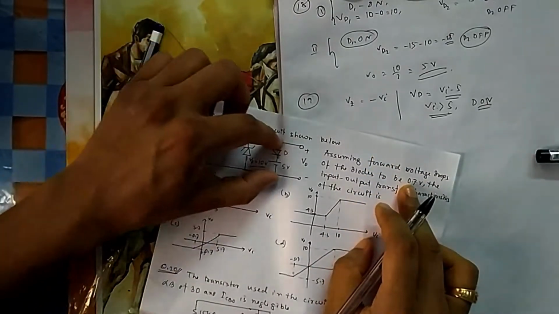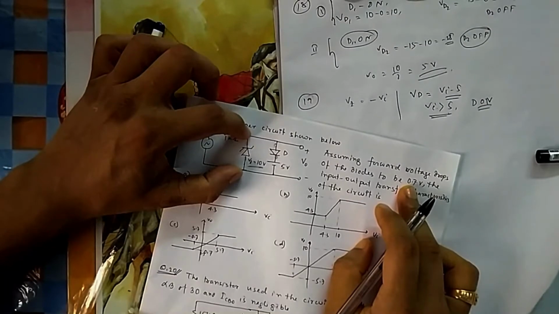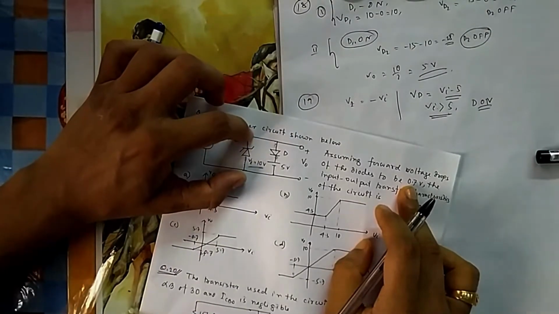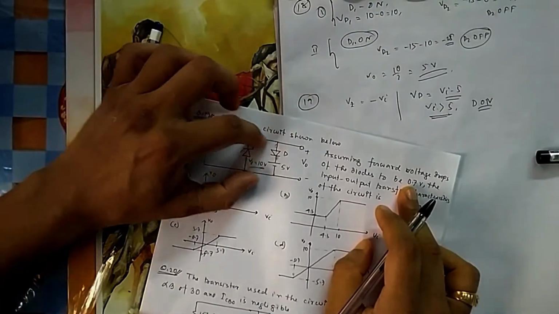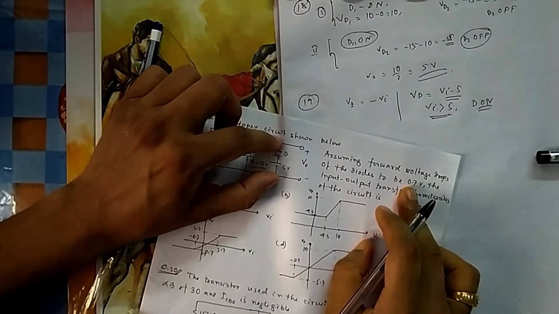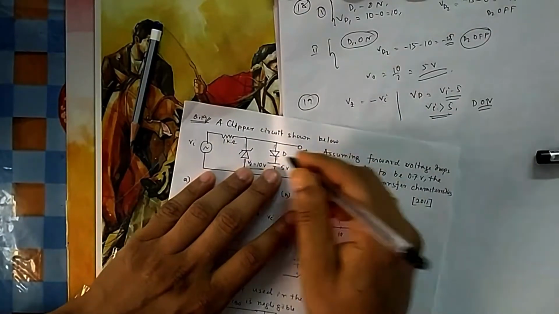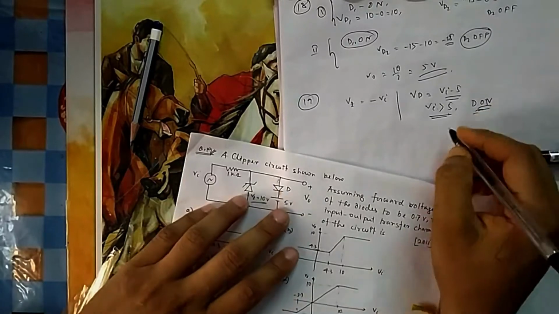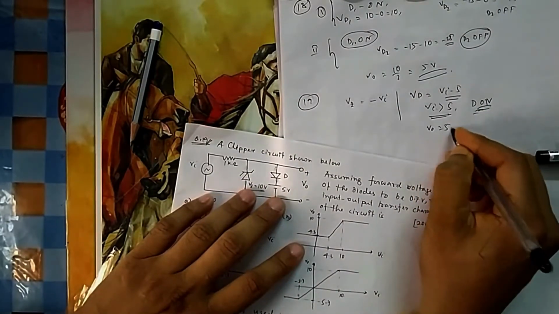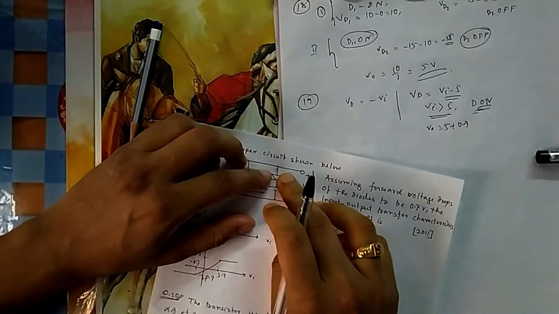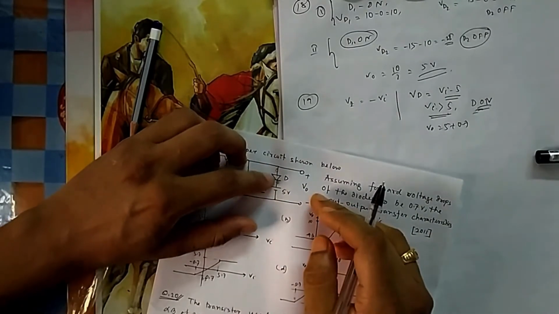So the voltage across the Zener will be fixed, so it will not cross 10 and the Zener will not break down, because once this is on, this voltage remains fixed. So once D1 is on, the output voltage V0 will be 5 plus 0.7, because there will be a 0.7 drop, this is plus, this is minus.